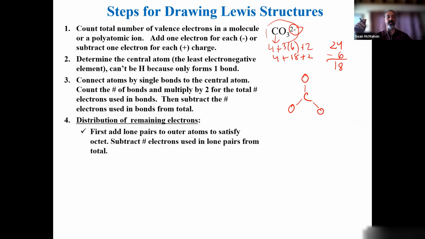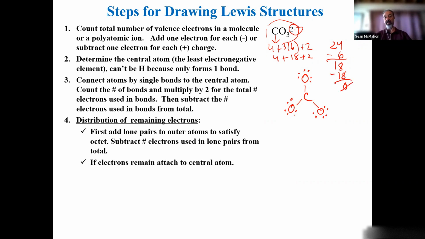The first thing I want to do is make sure that the outer atoms, in this case the oxygens, have enough lone pairs to satisfy the octets. They all have 1 bond, so they would need 3 lone pairs, 6 more electrons each. So I go ahead and do that: 2, 4, 6, 8, 10, 12, 14, 16, 18. When I subtract 18, I see I have no valence electrons left.